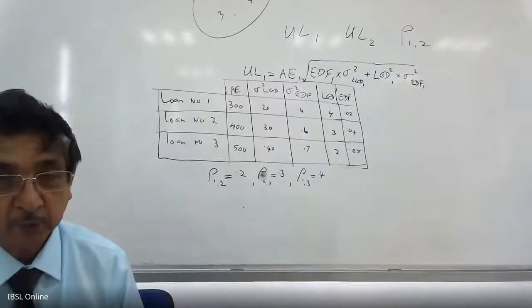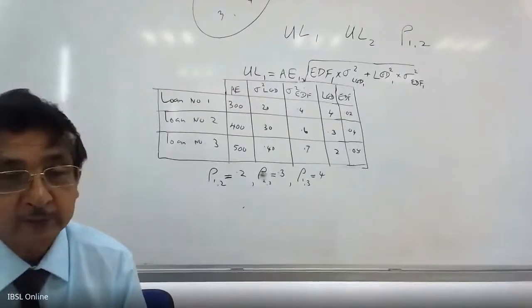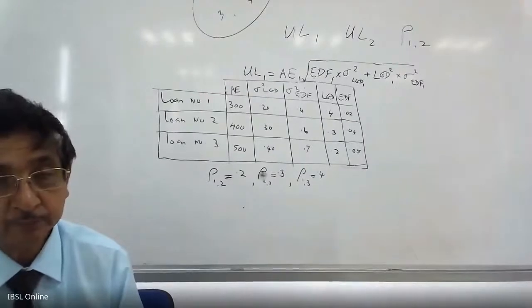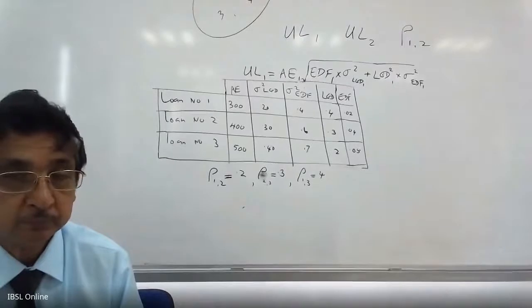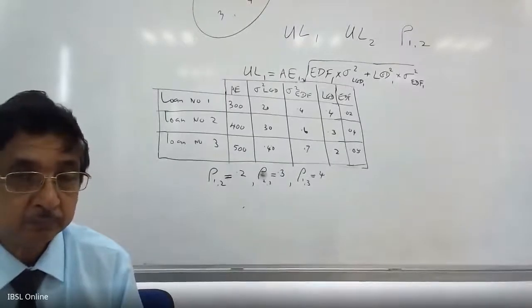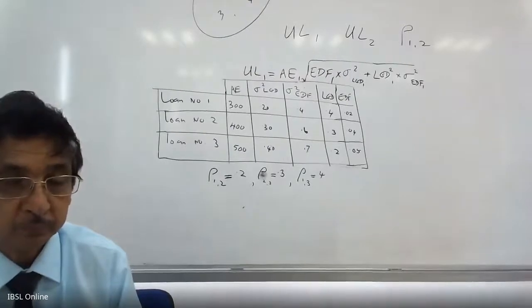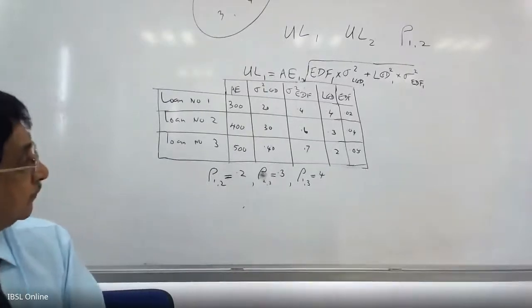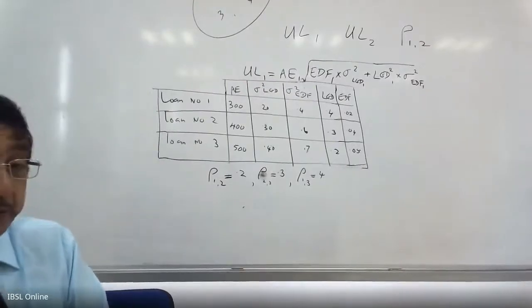I have put loan 1, loan 2, and loan 3, assuming that there are 3 loans in the portfolio. Now just look at the board and see.